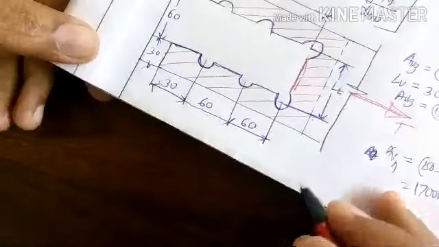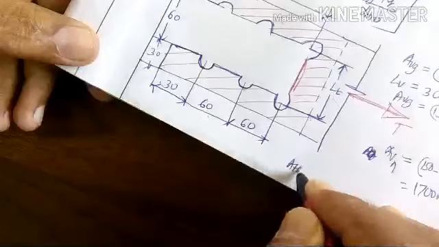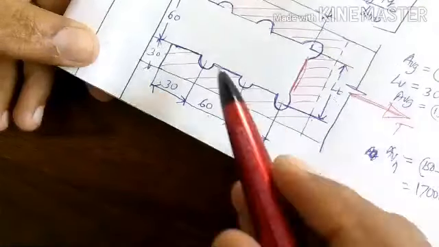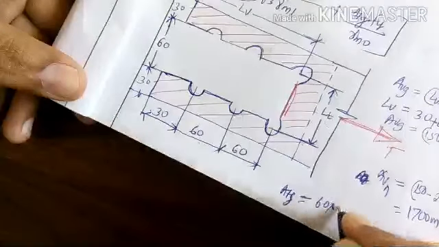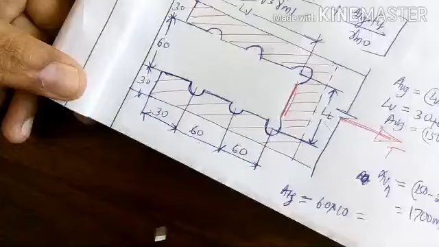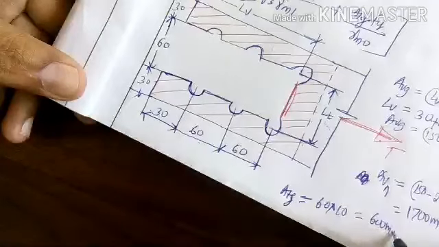Then similarly calculate ATZ, which is LT, 60 into 10, so you get 600 mm square.